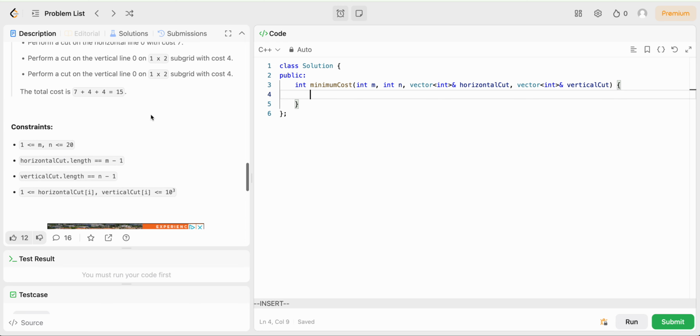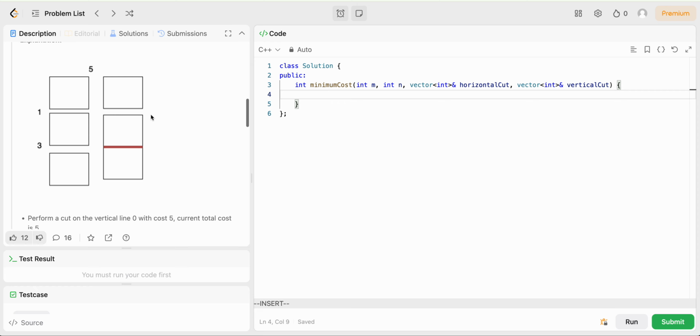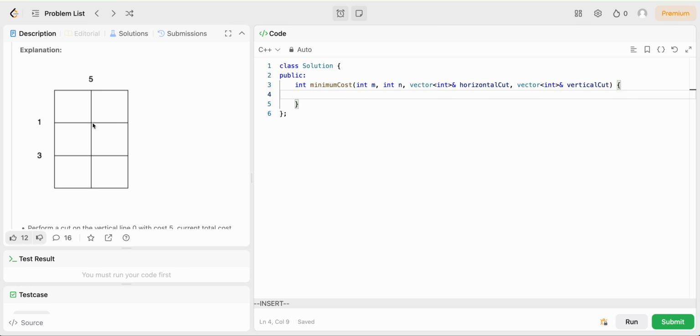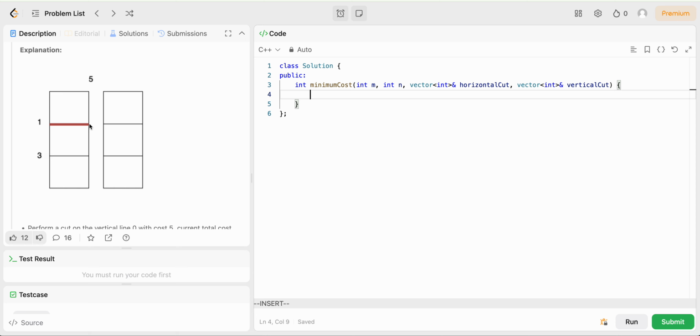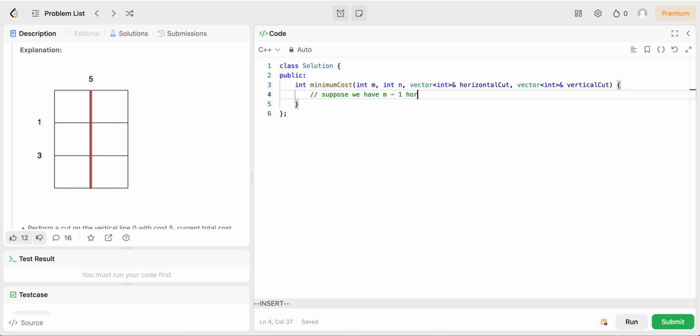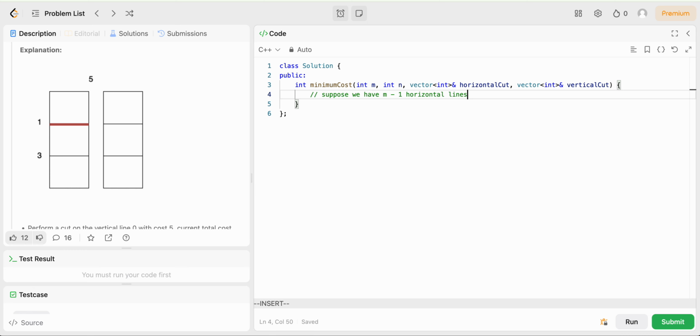So what do I mean by iterate all the intersections? For example, for this position, there are only two choices. Either we cut vertically first, or we cut horizontally first, right? Suppose we have m minus 1 horizontal lines and n minus 1 vertical lines.